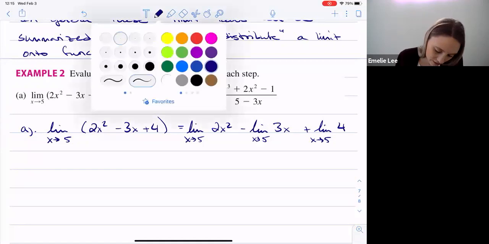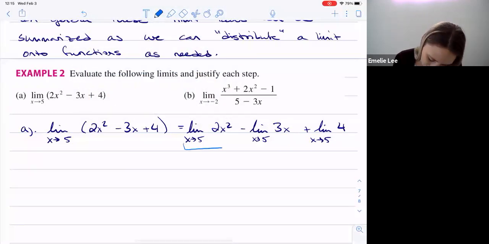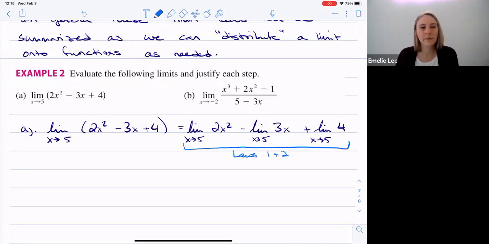Okay, so here I've just applied laws 1 and 2. If I think about this as f of x, g of x, and maybe a constant c, or h of x if there was an x involved.